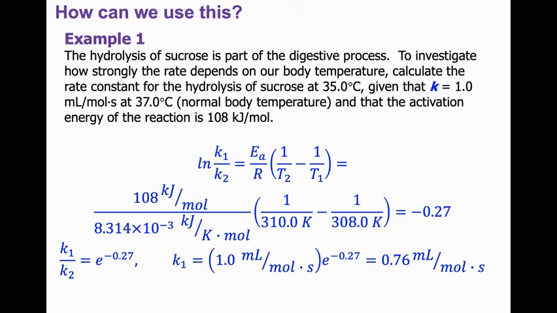So K1, the rate constant at a lower temperature, is 0.76 milliliters per mole per second, compared to our rate constant at the higher temperature, which is slightly higher. And that makes sense, right? At a lower temperature, the hydrolysis of the sucrose would be slower than at a higher temperature.